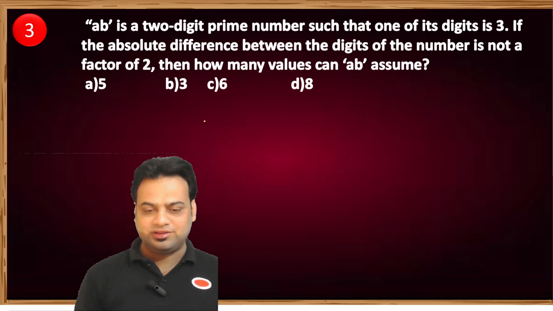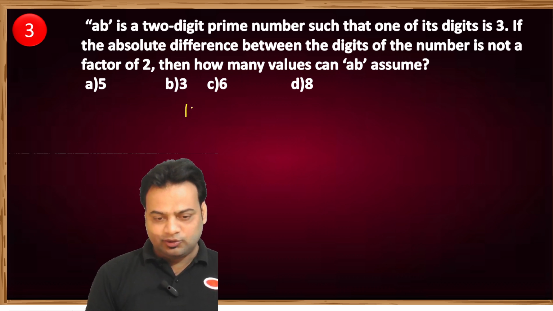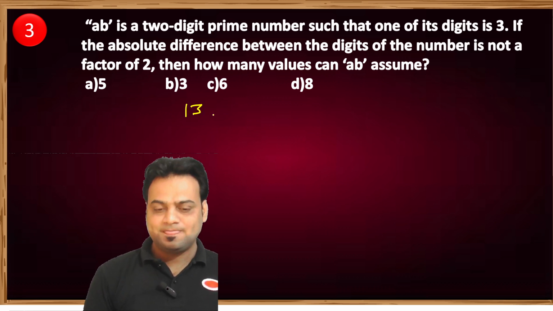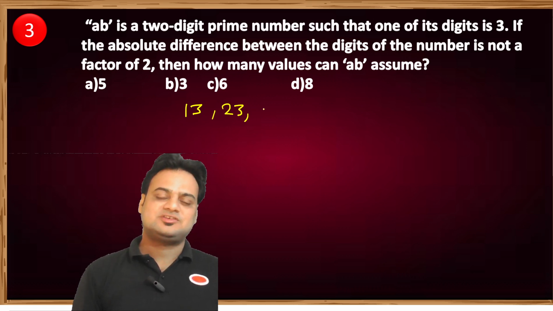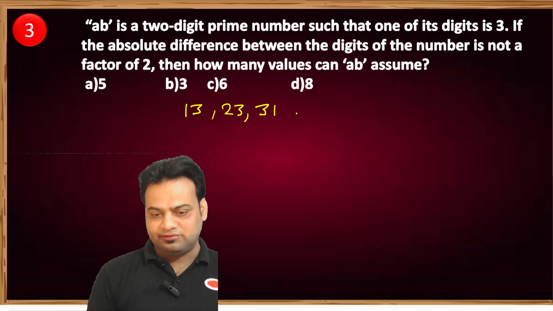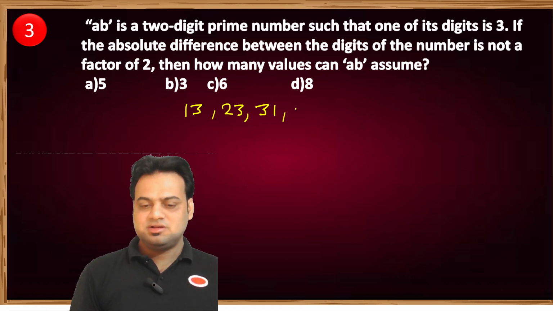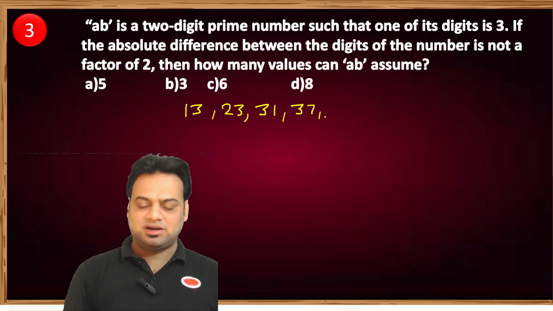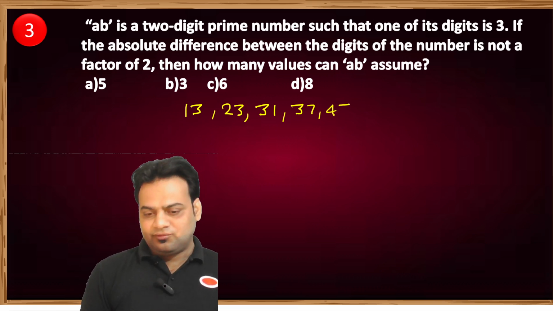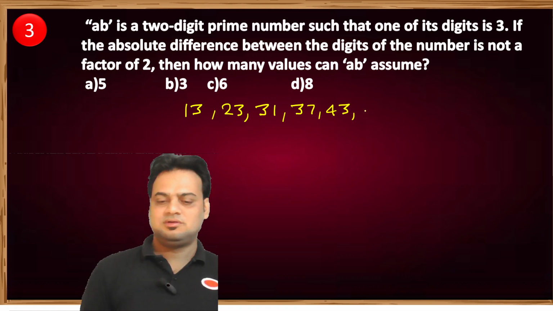First we write down the 2-digit numbers. First is 13. The next 2-digit prime number is 23. Next is 31. Then you write down 37. Then 43.